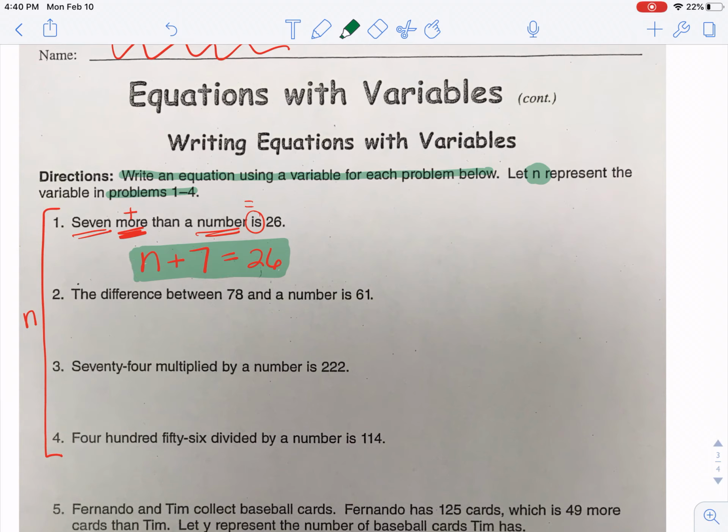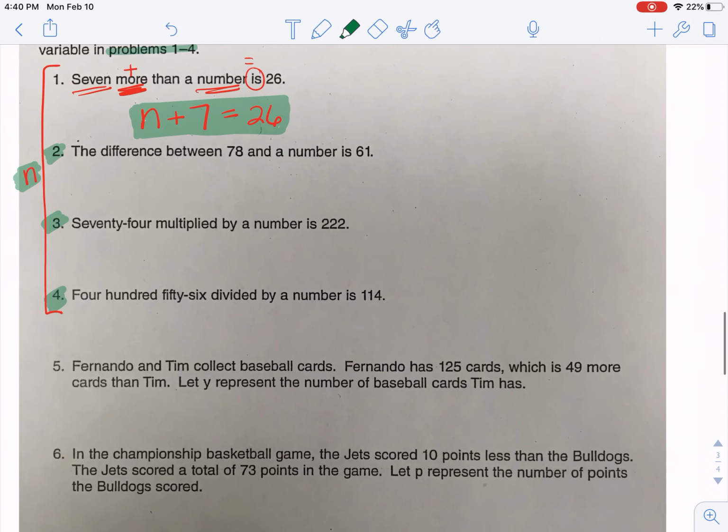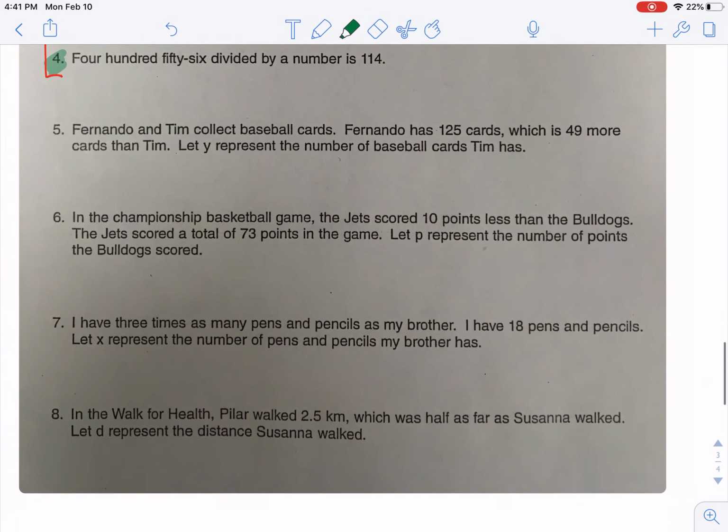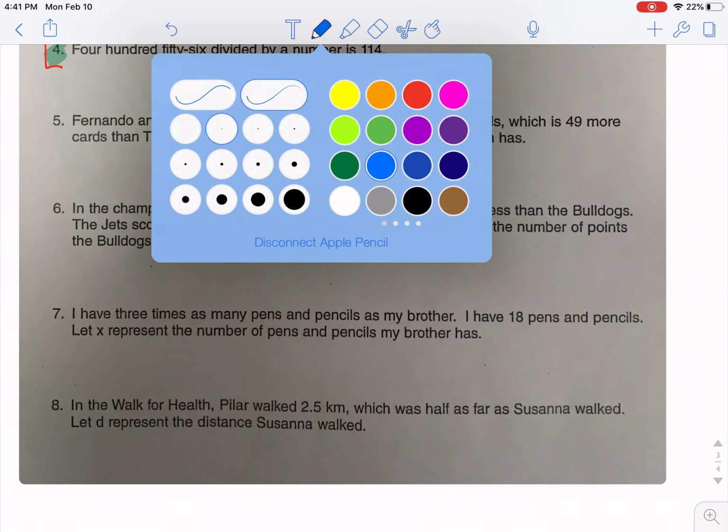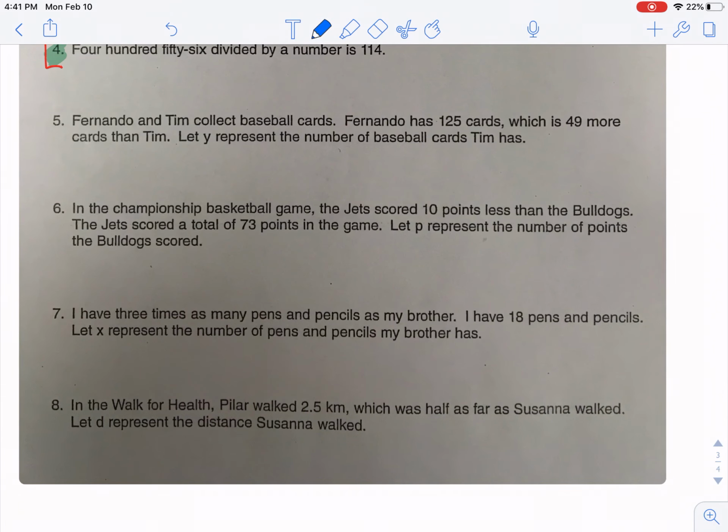Cool, huh? So then you're going to have to do 2, 3, and 4 using n as your variable. And then when you get down here to 5, 6, 7, and 8, they have a little bit more lengthy word problems, but I know that you can do them.